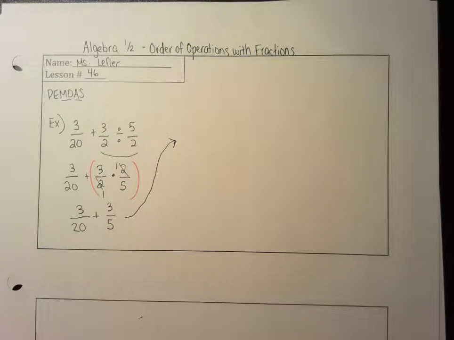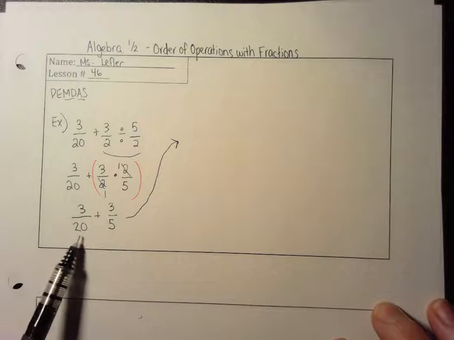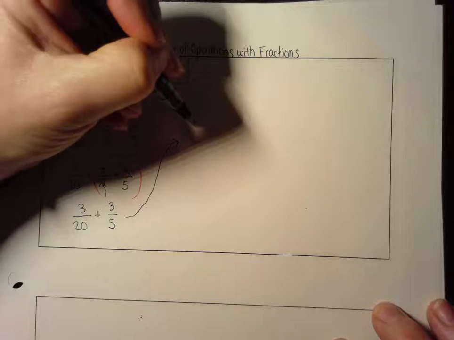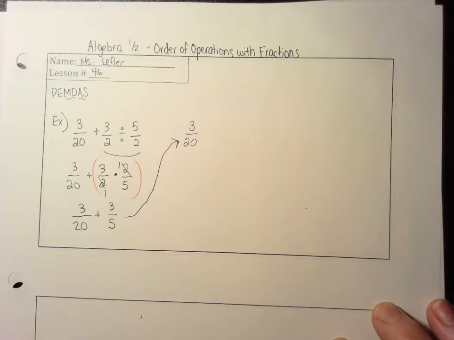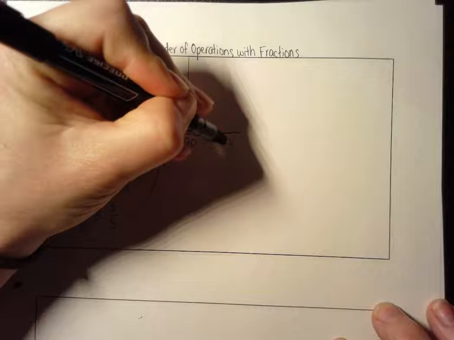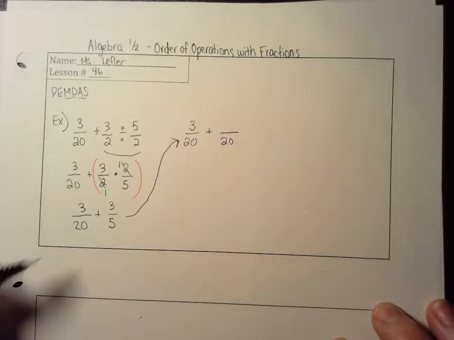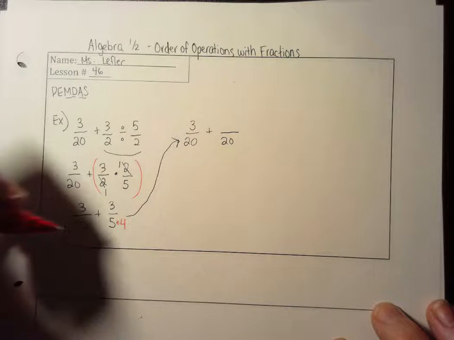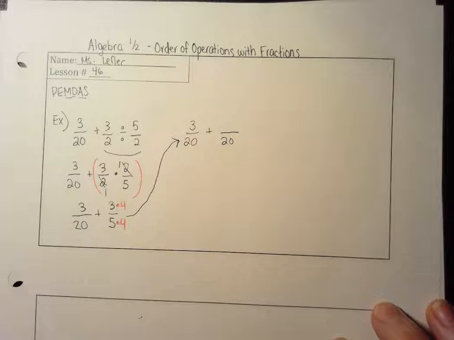The common denominator, the least common multiple of 20 and 5 is 20. So 3 over 20 can stay as 3 over 20, but 3 over 5 needs to be changed so that 20 is the new denominator. In order to make 5 become 20, I have to multiply it by 4. And so that means I need to also multiply the top number by 4.